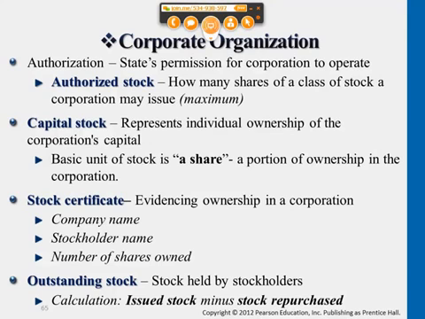But they will decide when to issue. They can issue a lot in the beginning, or they can split it and issue a little bit every single year. That depends, but there's a maximum level. That's the authorized number of shares.